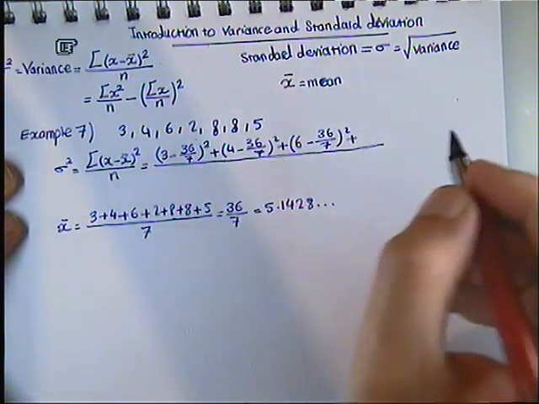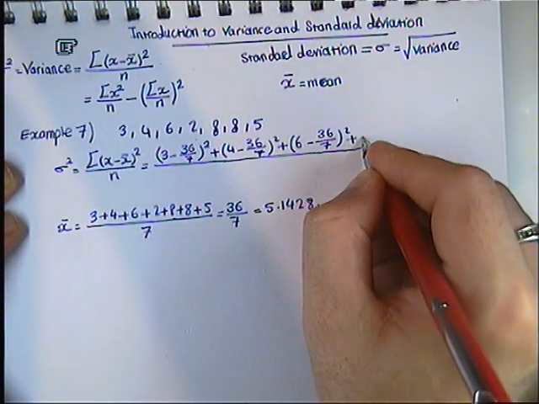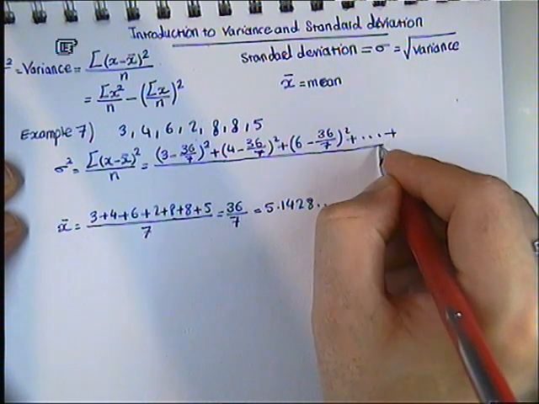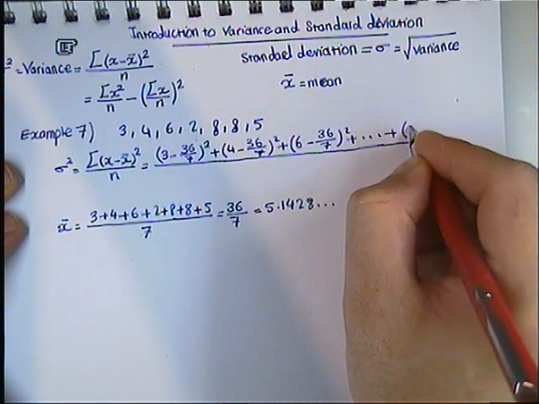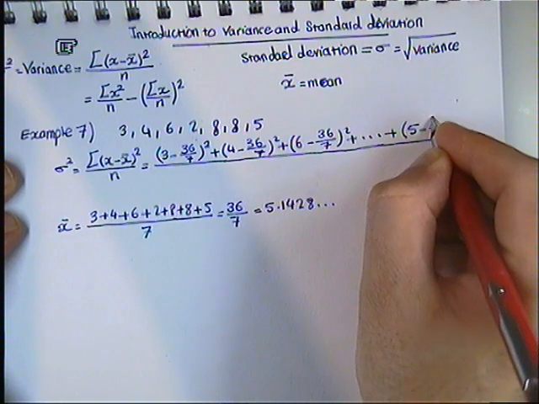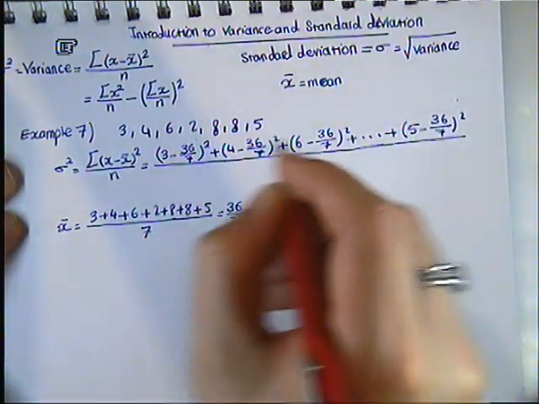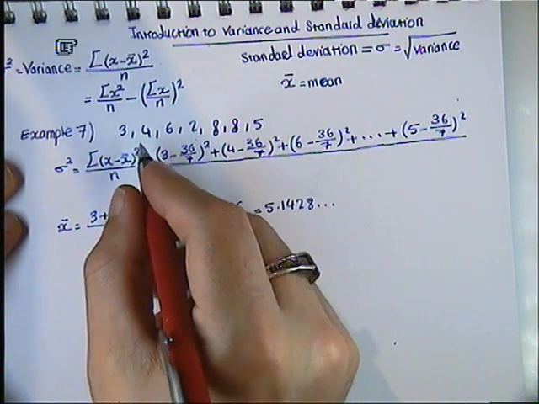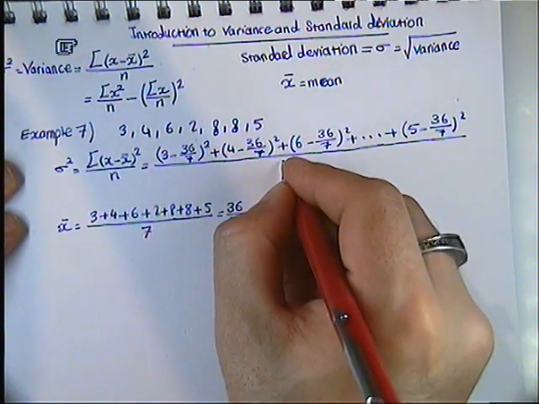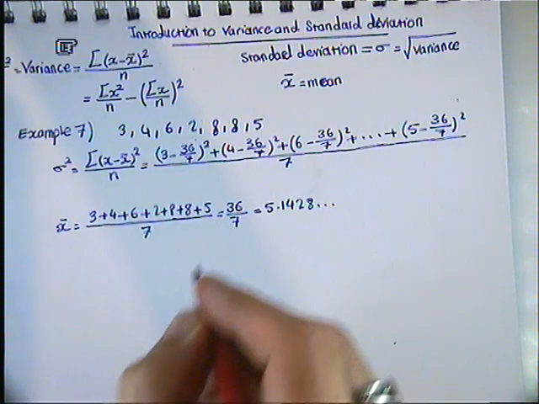So we continue adding this up to (5 minus 36 over 7) all squared, divided by the number of data, which in this case is 7.